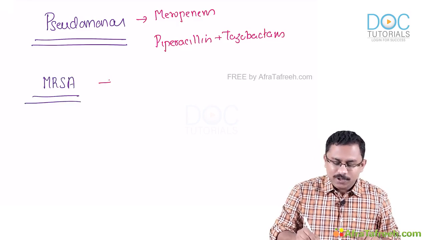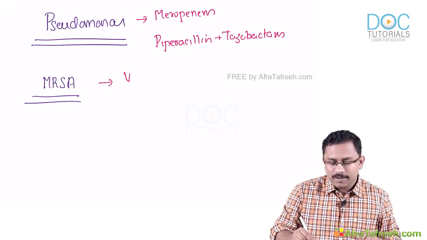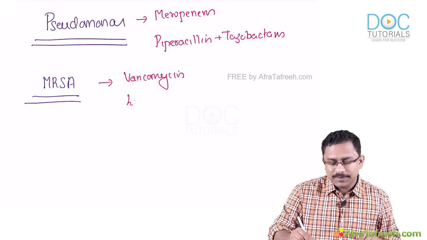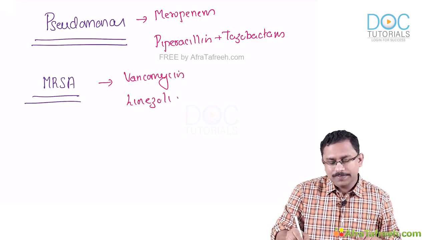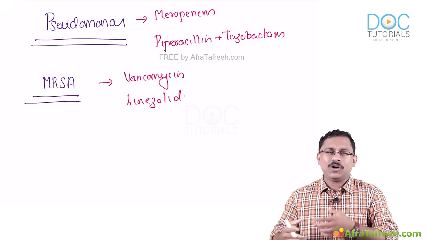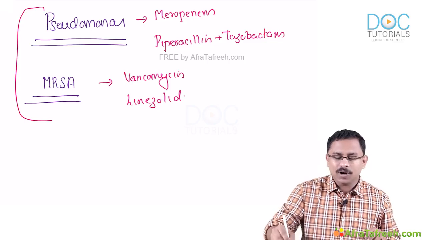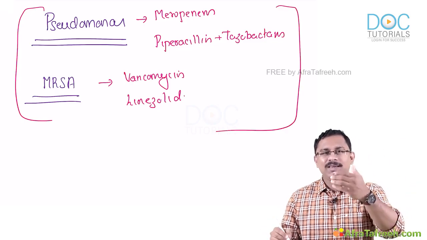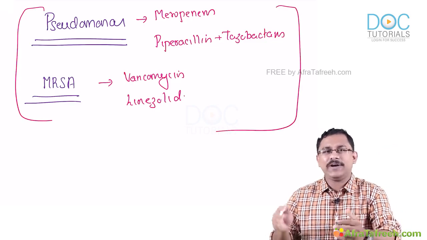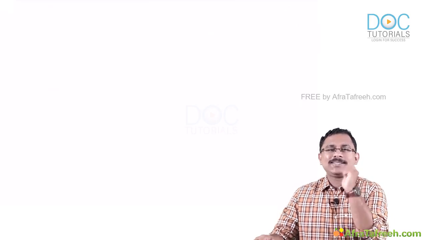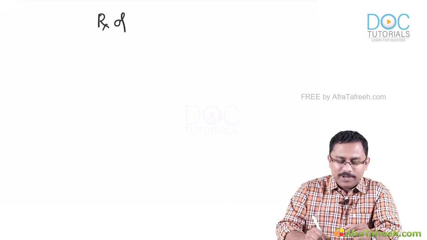In such a scenario, you should either go for vancomycin or linezolid. Okay, so this depends on whether the culture reports are available, what is the organism. So you have got to keep in mind, whatever we discussed was the empiric therapy, and then if the specific organism is identified, you have got to manage accordingly. Okay. So now let's discuss the treatment of ventilator associated pneumonia, VAP.